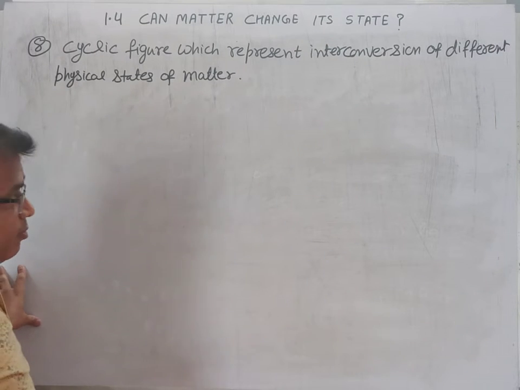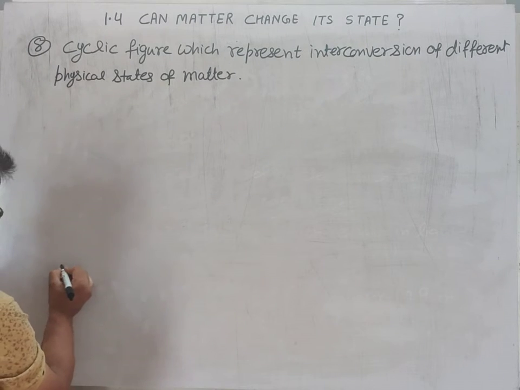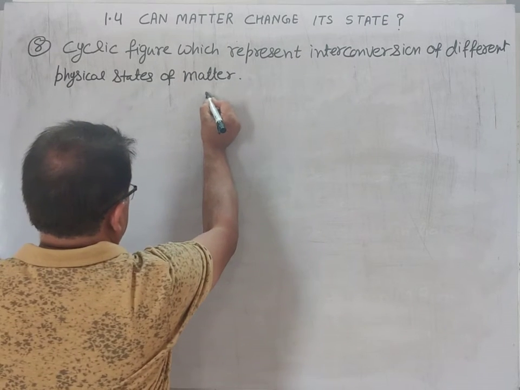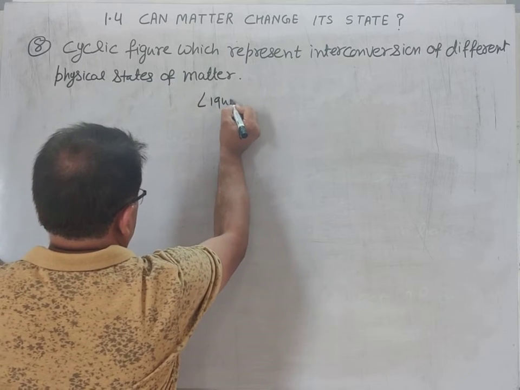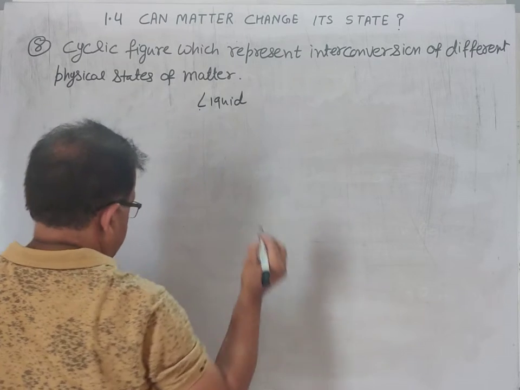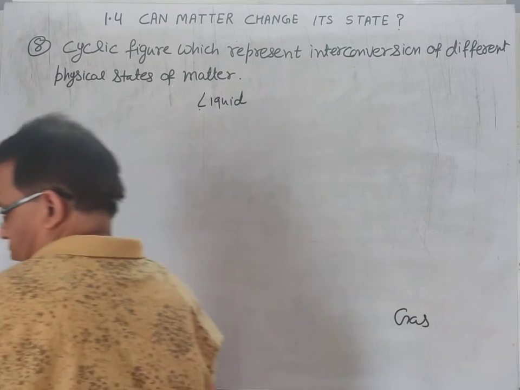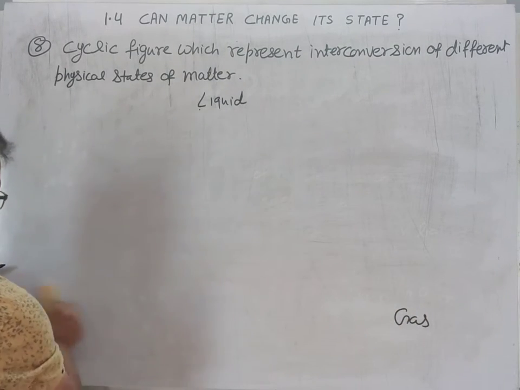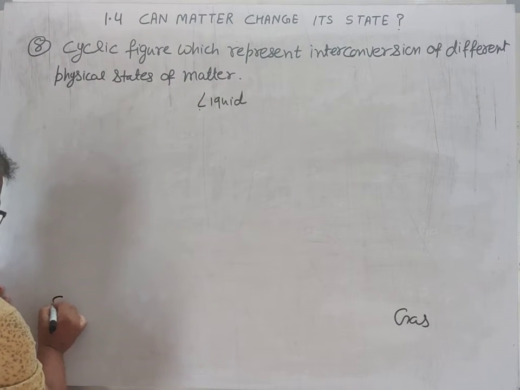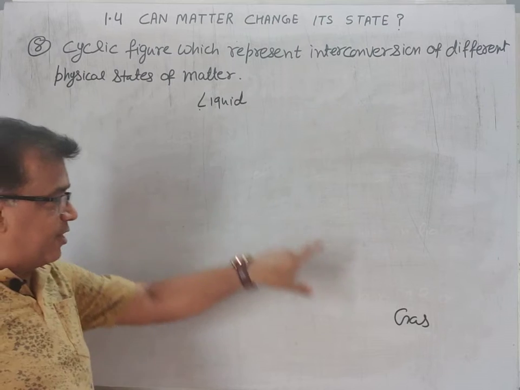We know there are three main physical states of matter: solids, liquids and gases. So there are three physical states of matter: solid, liquid and gas.